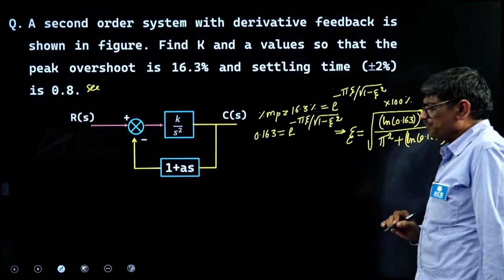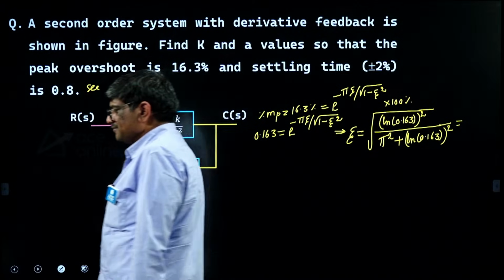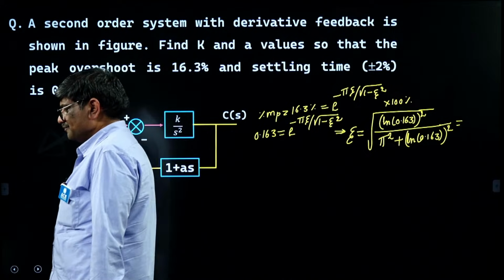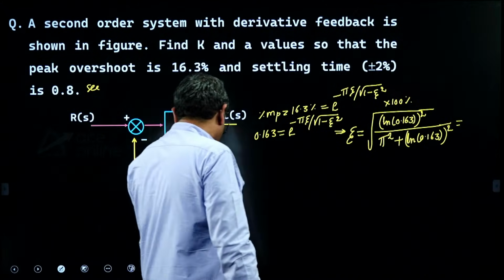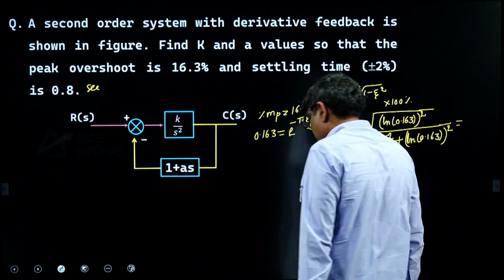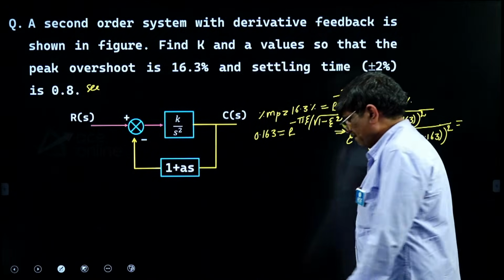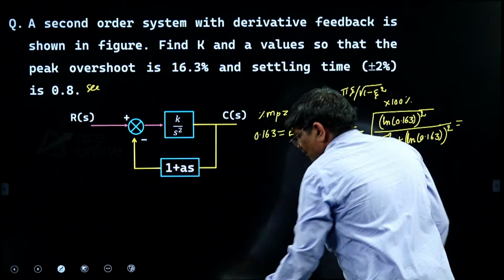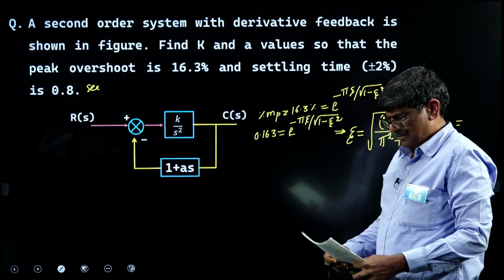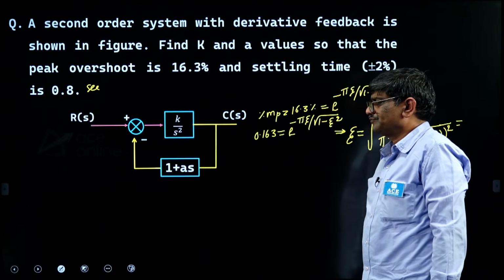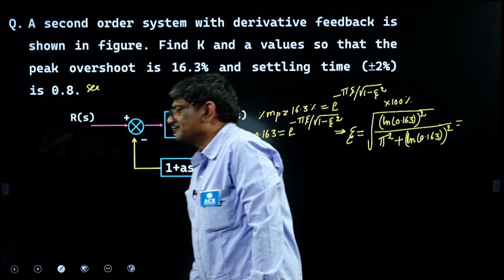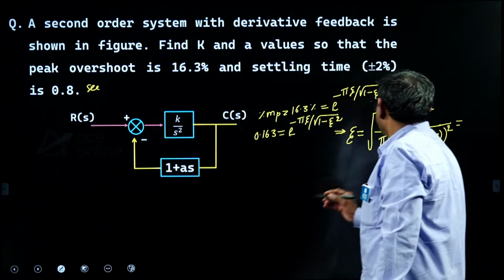Come on, anybody? Anybody answer? Anybody? What is the answer? What is the zeta value? Anybody? What is the zeta value you are getting? Anybody?